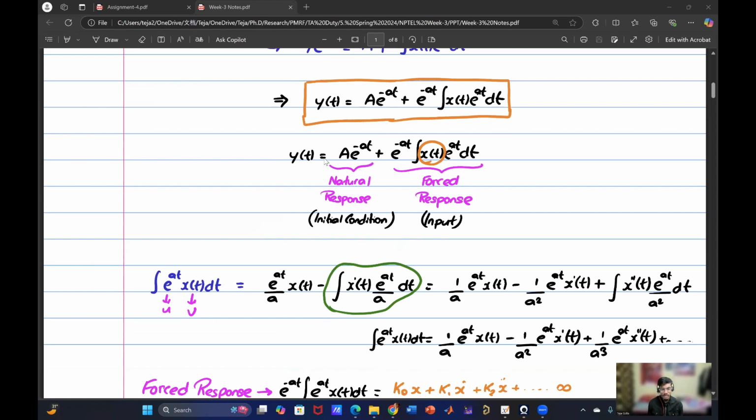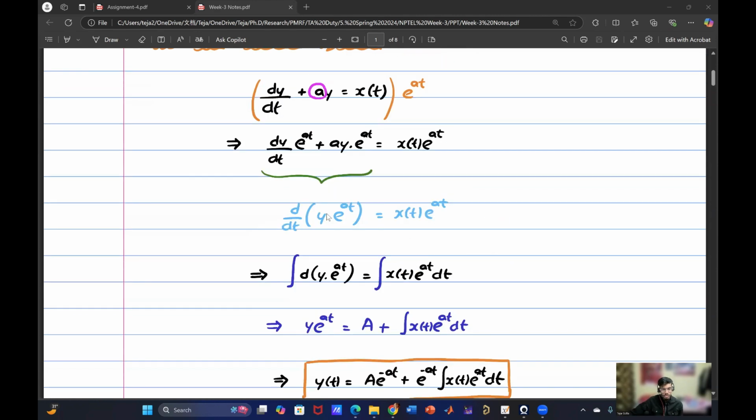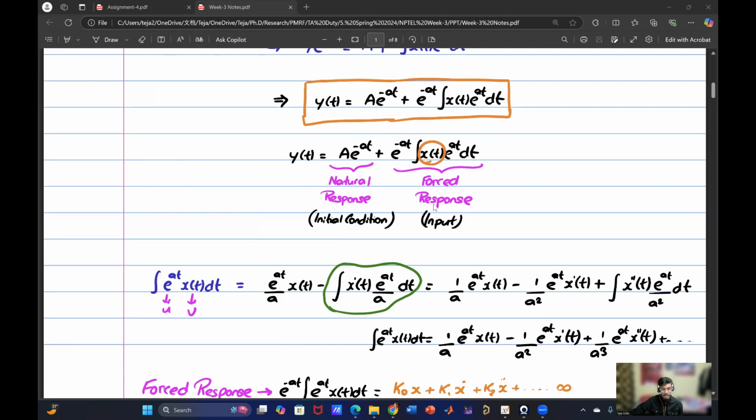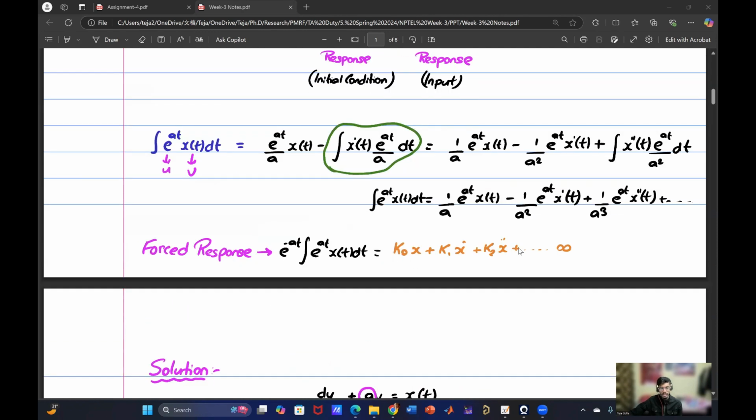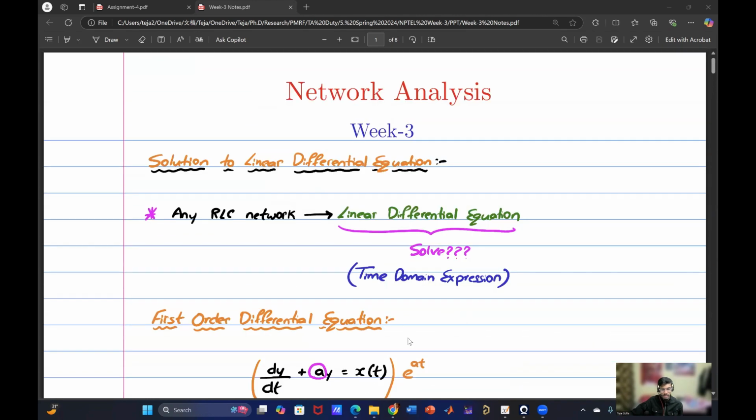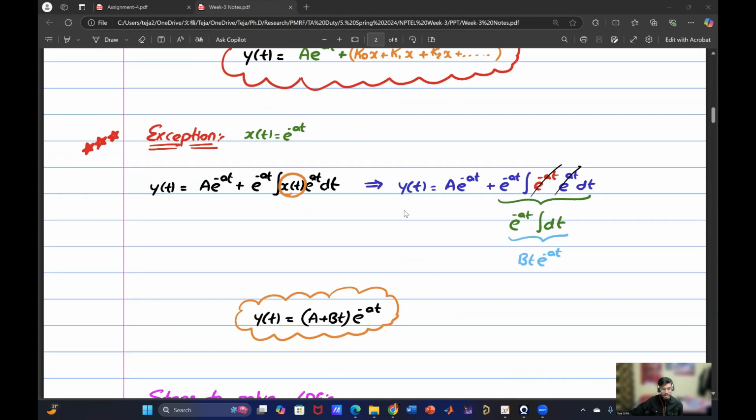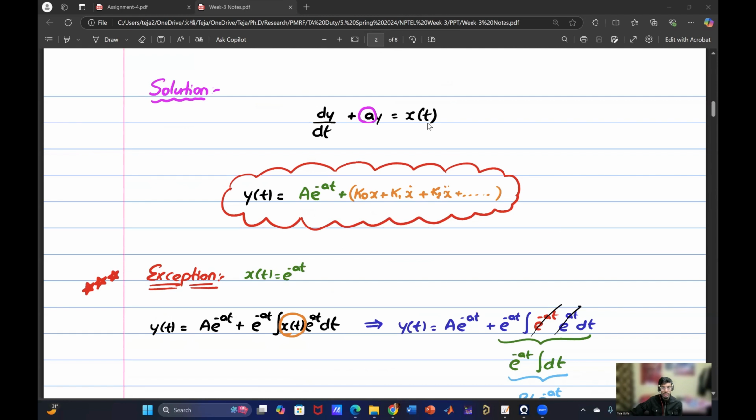The natural response we can write directly from the solution of the homogeneous equation, and the forced response is an infinite series of the derivatives of the input on the RHS.